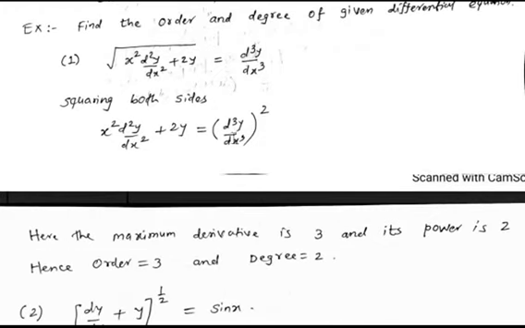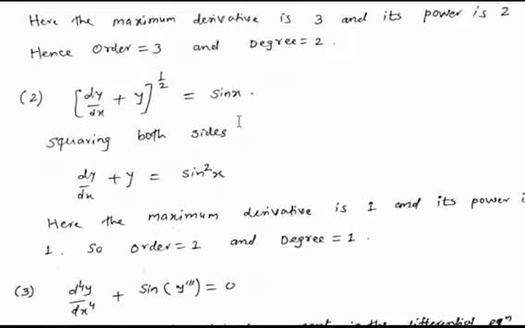Here the maximum derivative is 3, that is d cube y by dx cube. So the order of this differential equation is 3 and the power of the maximum derivative is 2, so the degree is 2, right?